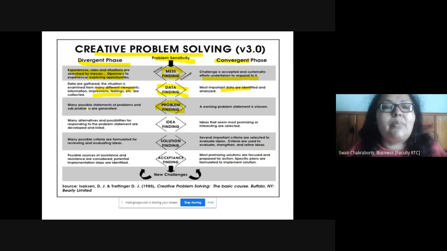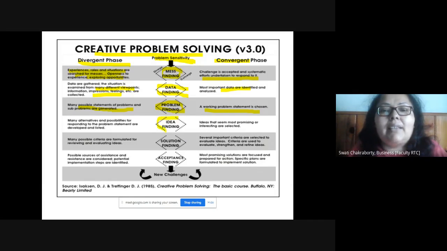Third step is problem finding. So you look into all possible statements of problems, right? Whereas in the convergent phase, it's looking into a problem statement which can be practically achievable, not everything under the sun.